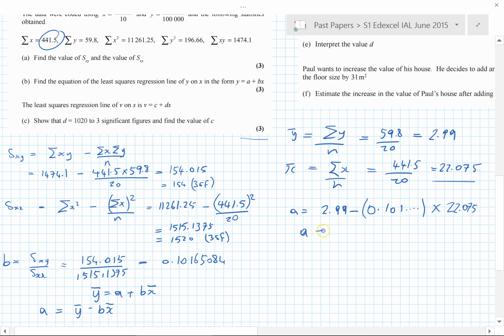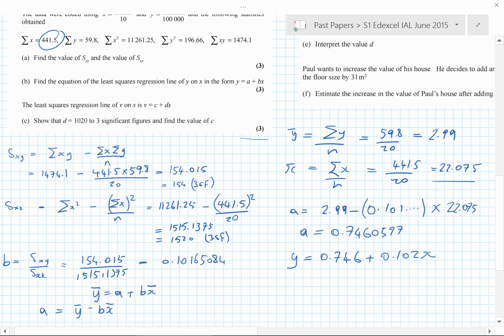So that gives me A equals 0.74660577. Now we don't want to really see that in our final line of best fit, our regression line, so that gives us y equals 0.746, so we'll round that to 3 significant figures, and we'll round the other one as well, 0.102, this one here.